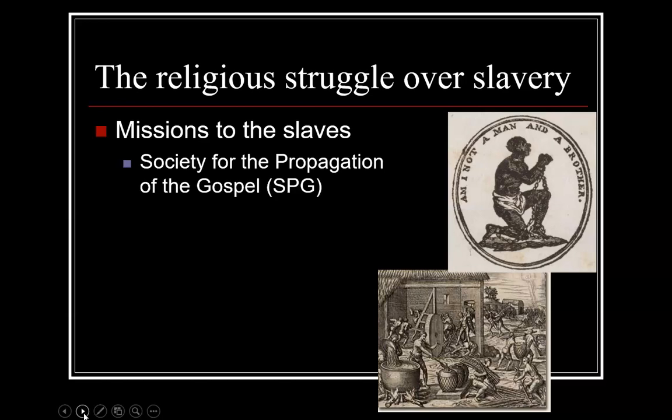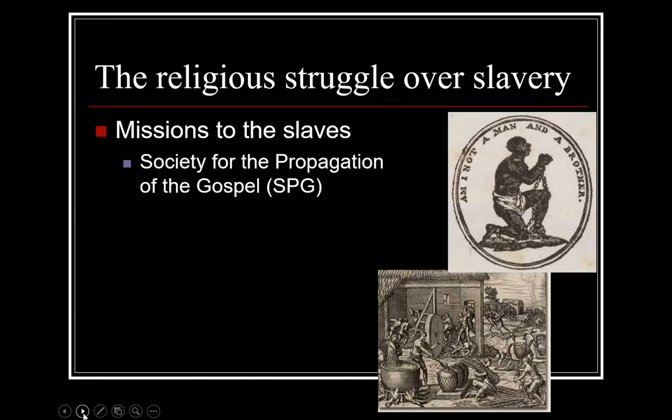As the Society for the Propagation of the Gospel developed, it was very active in the lower South, South Carolina, below Georgia, the Mid-Atlantic, some in New England, though lesser in the New England area because New England tended to be more Puritan. Bermuda, some of the other Caribbean lands, and Canada.